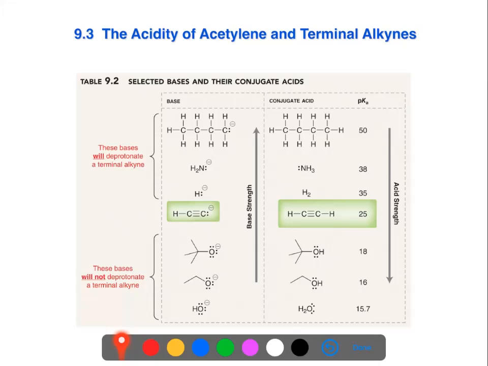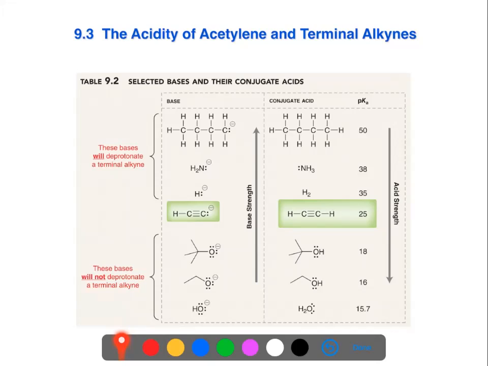So we can use sodium hydride, sodium amide, or we can use carbanions as well. These bases are appropriate for the deprotonation of terminal alkynes.